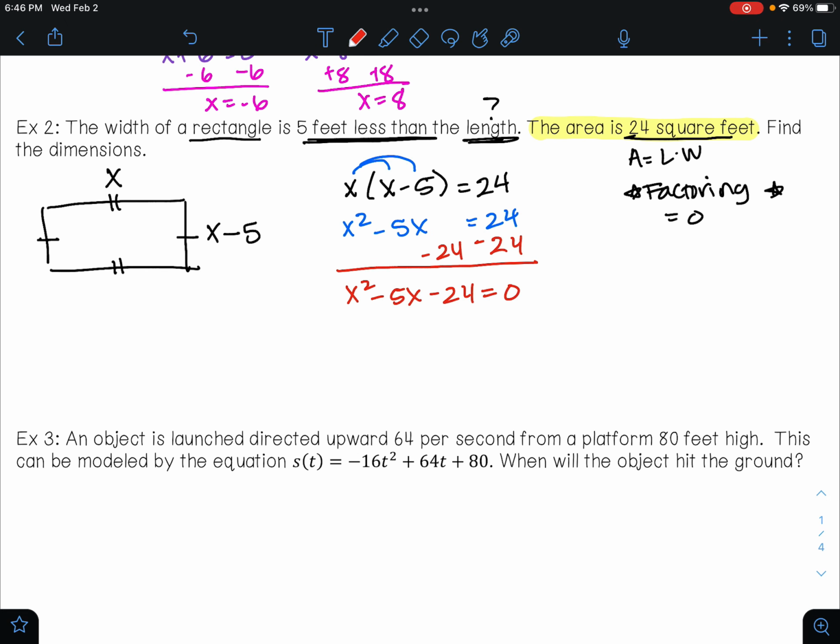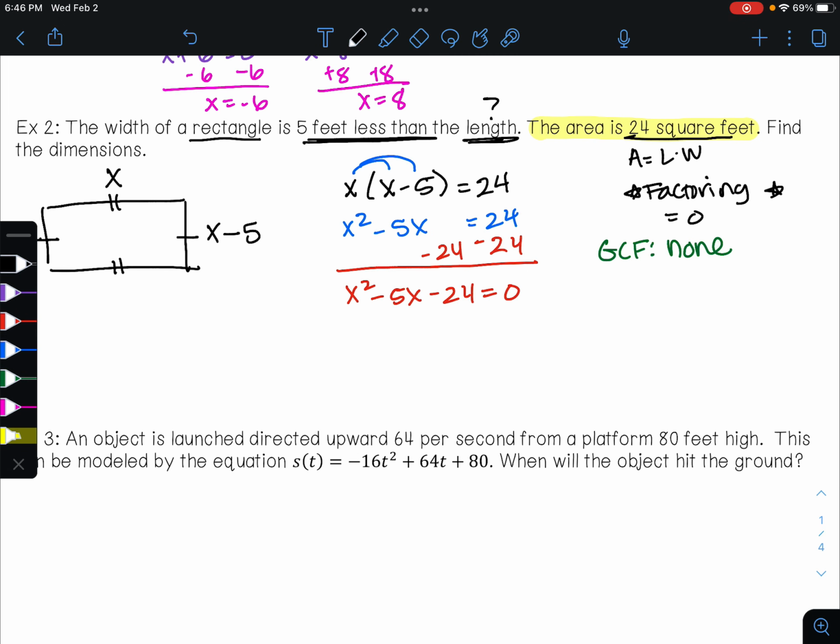So from here, I can go ahead and solve by using the area model. Your first step when factoring is to always look for a GCF, and in this case, there is not one. So then I'm going to go straight to the box method. First term goes in the first box, last term goes in the last box. Remember, you always got to multiply your first number by your last number. 1 times negative 24 is negative 24.